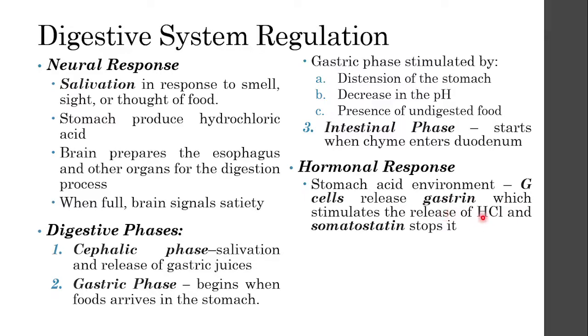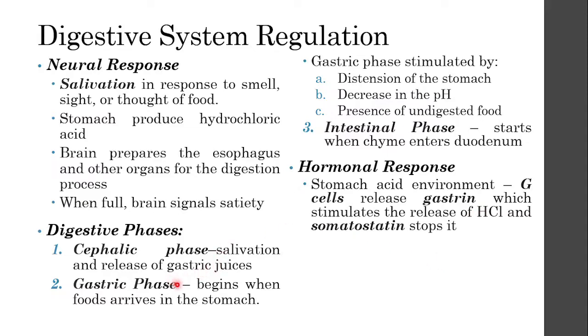So the release of hydrogen ions and chloride ions is stimulated by a hormone called gastrin, and gastrin is released by G cells. This happens in the gastric phase. As soon as the bolus enters the stomach, the G cells will tell your body to release gastrin, and the gastrin will stimulate the release of HCl.